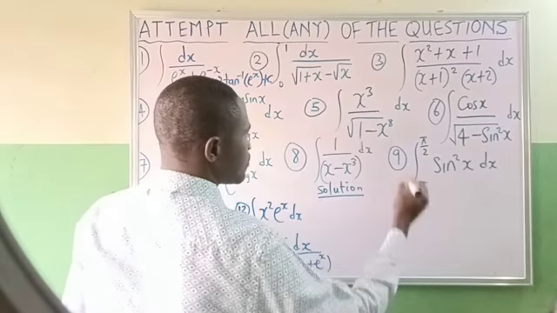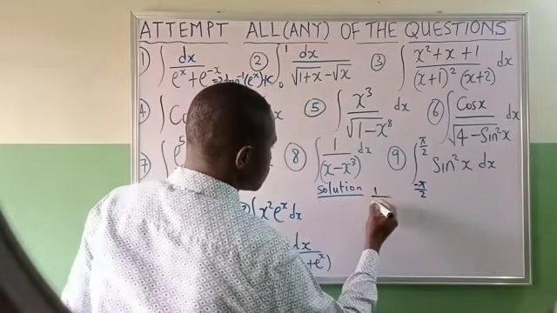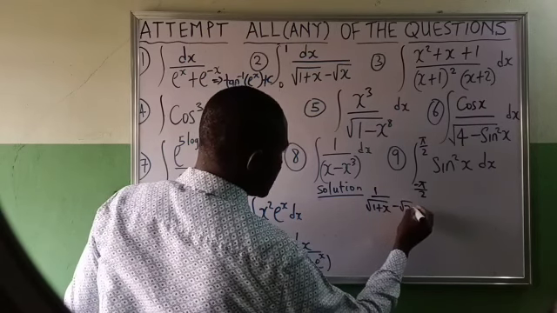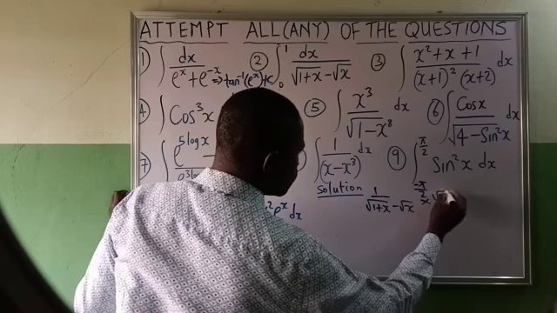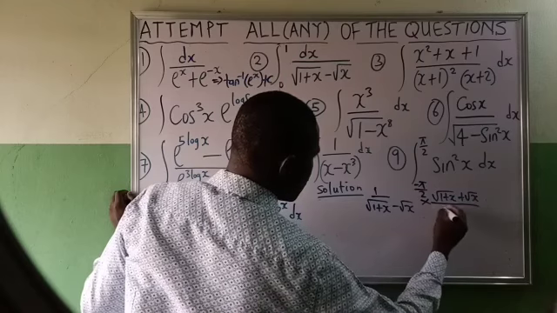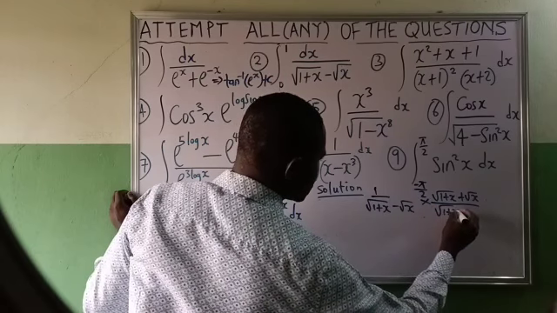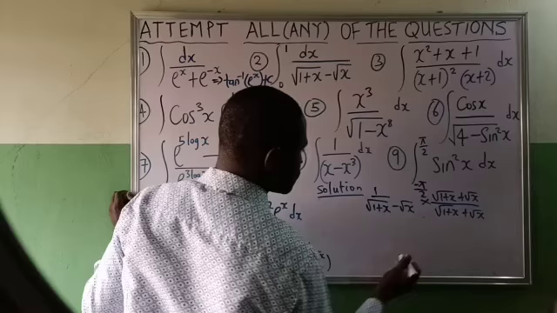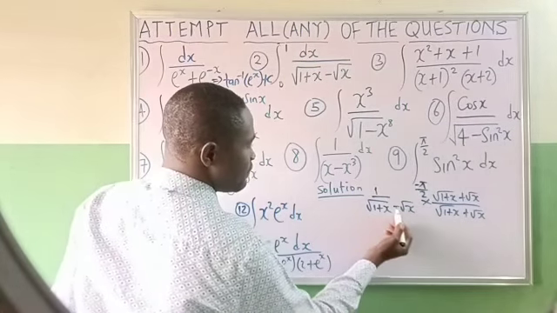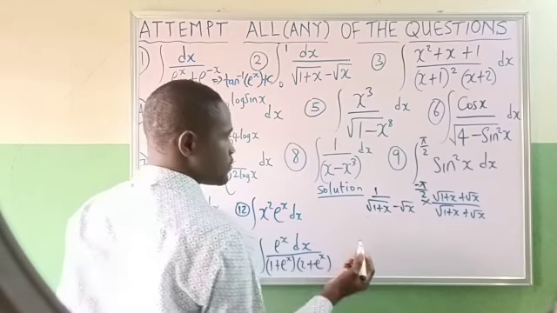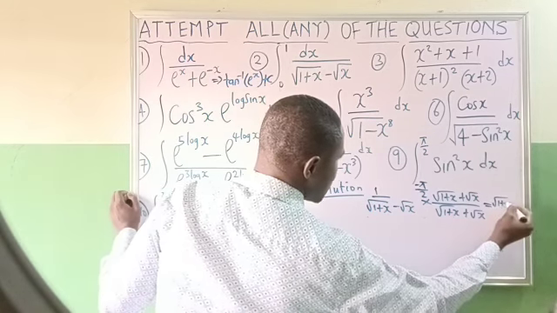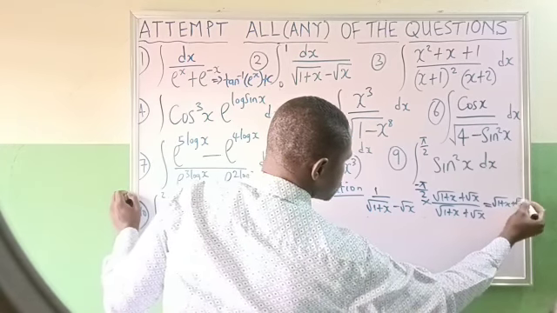We will be having 1 over root of 1 plus x minus root x, times root of 1 plus x plus root x over root of 1 plus x plus root x. You will now notice that the denominators are in conjugate, differing by minus and plus.